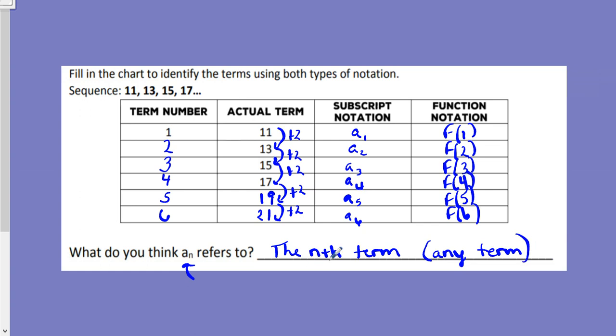So it's like an unknown term. It's kind of like when we use x and y, where we're not giving a specific value, but we're saying what could be used to determine any term. So say I want to know the 100th term, I would just use nth term, so any term.